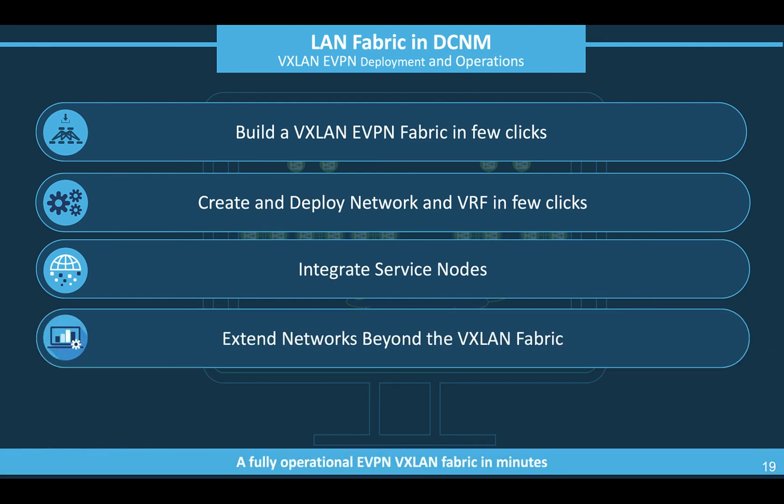And DCNM automates the extension of your segmented layer 3 network toward a routed core network or an MPLS network just in a few clicks. If you need to extend your on-prem data center network toward a public cloud, DCNM helps you to establish a secure connectivity with your cloud provider.